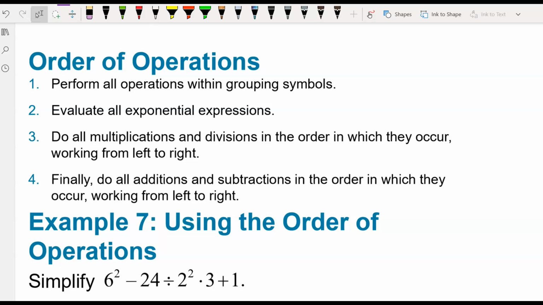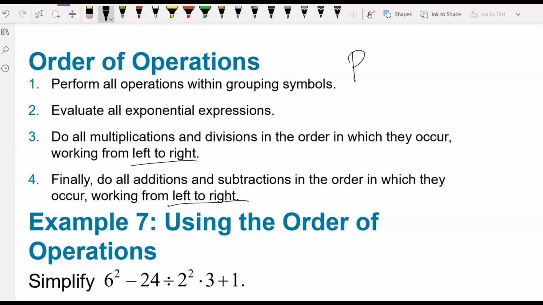Order of operations. So you're going to perform all operations with grouping symbols, evaluate all exponential expressions, do all multiplications and divisions in order in which they occur from left to right, and then finally do all additions and subtractions in order in which they occur from left to right.